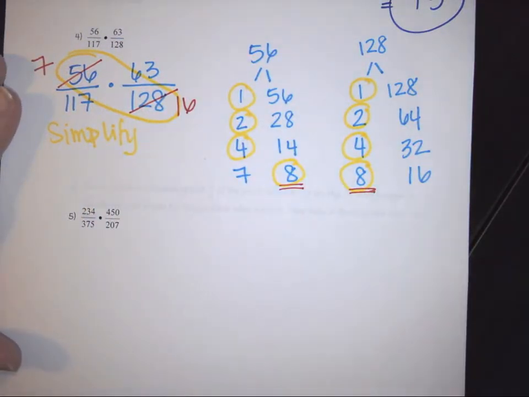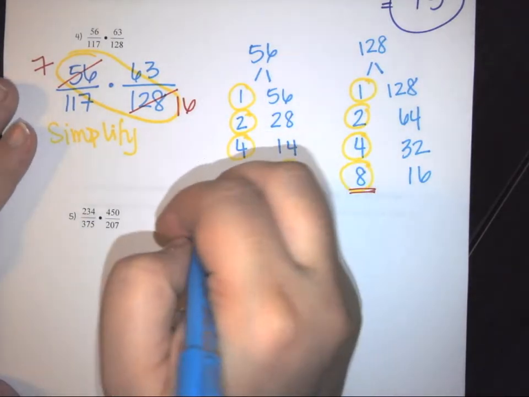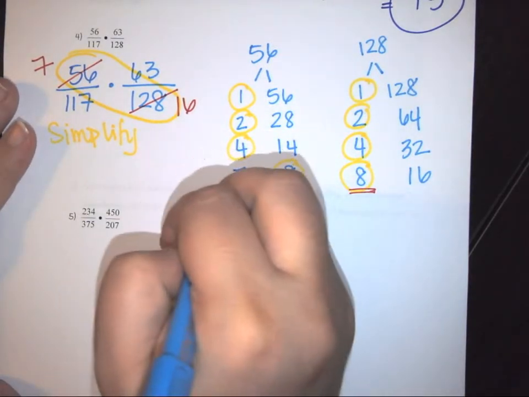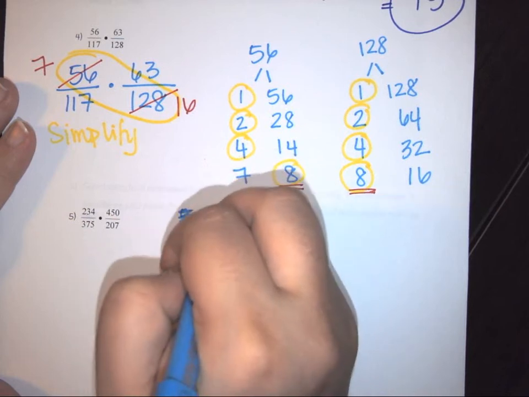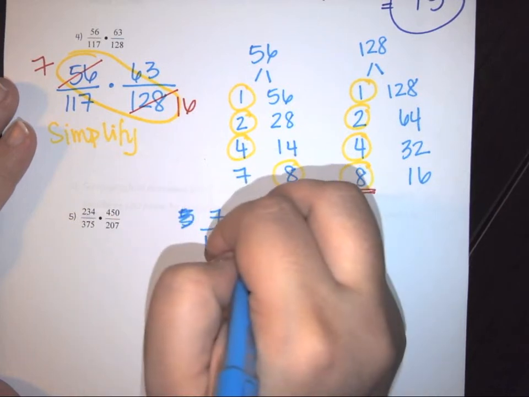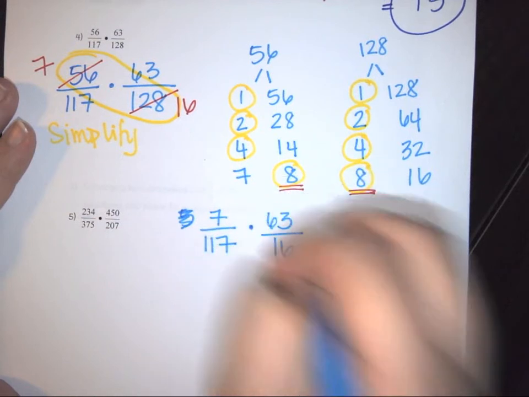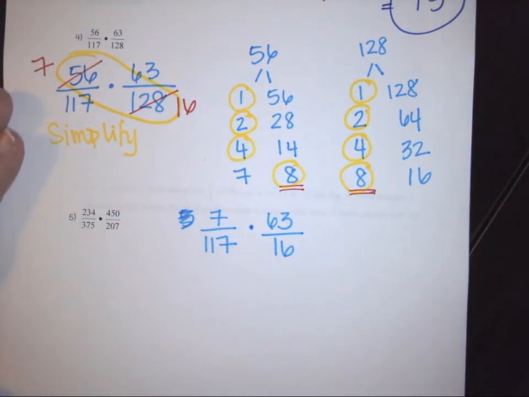So I have to rewrite my fractions to show that I have now 7 over 117, and I'm multiplying that by 63 over 16. Now, here's where I see a lot of students struggle.